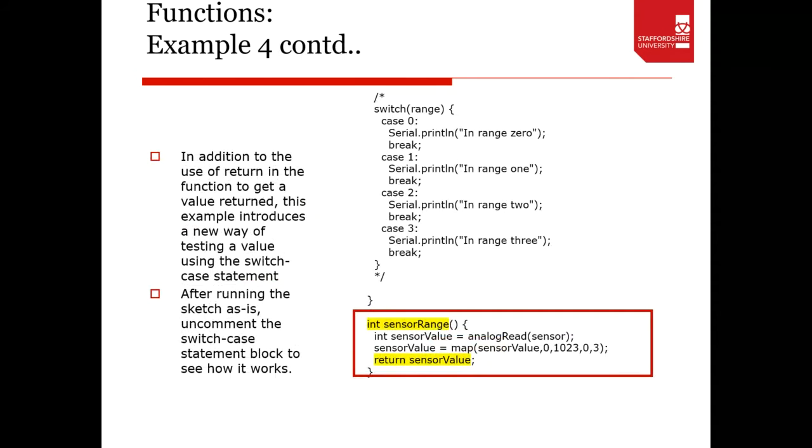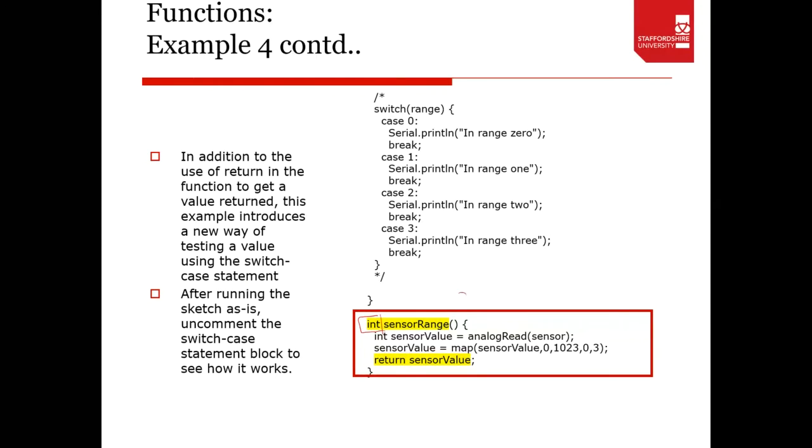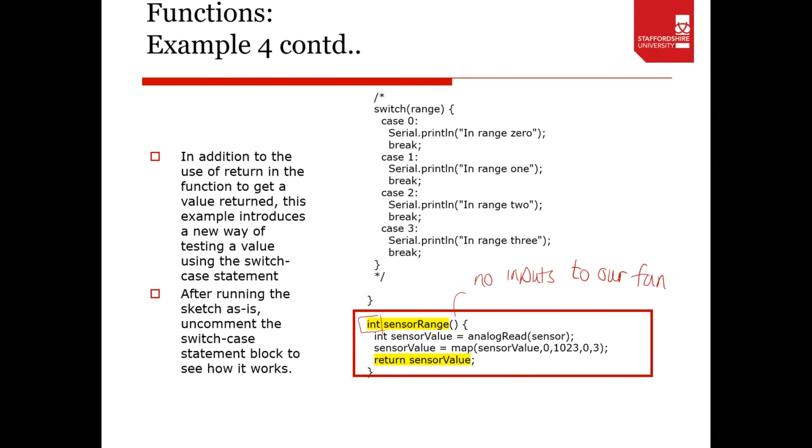This is the function here. We've got an int at the beginning, and in this case we have no inputs to our function. You can have inputs and a return value.